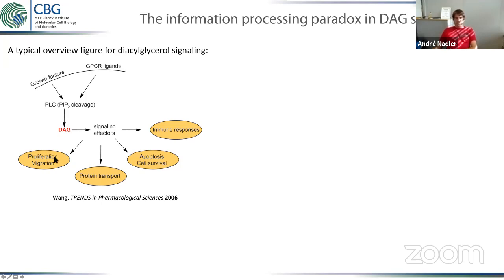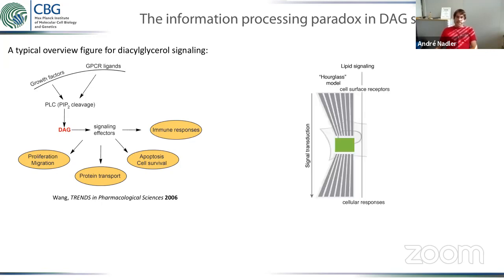So you have apoptosis and proliferation. And not a lot has changed in these figures. So basically, it has been shown that diacylglycerol is in one way or the other implicated in all these processes. And the point about these kinds of networks is that they essentially represent hourglass models.